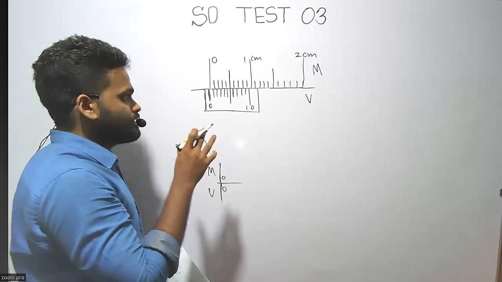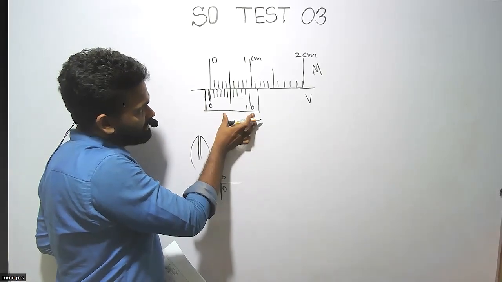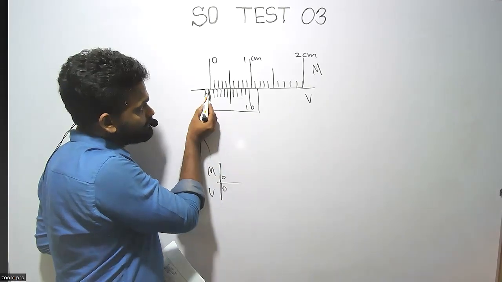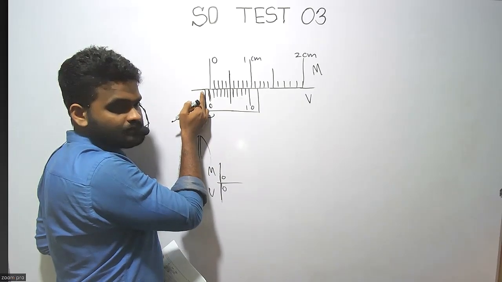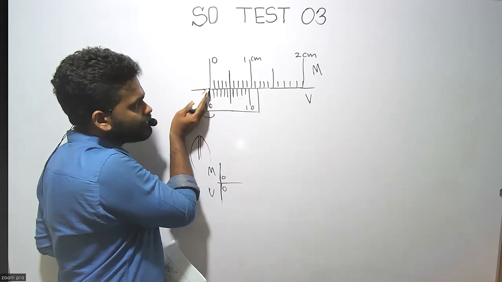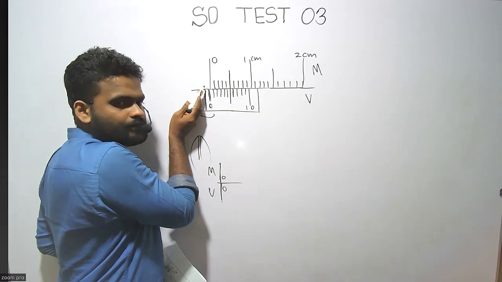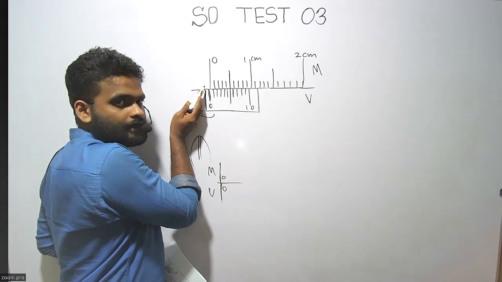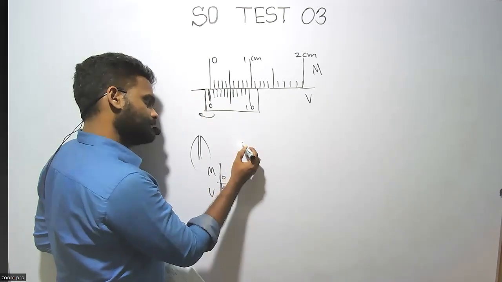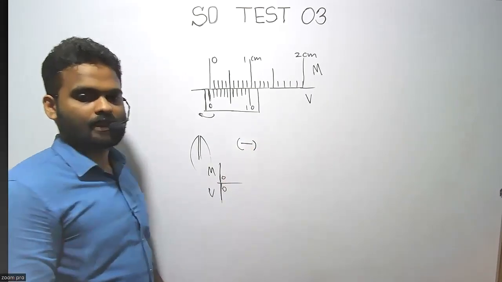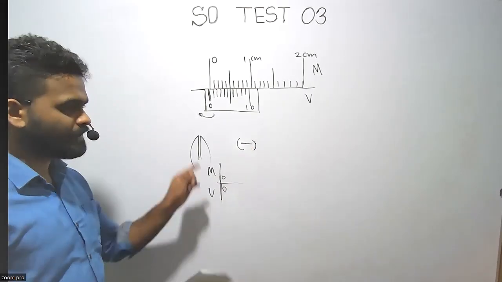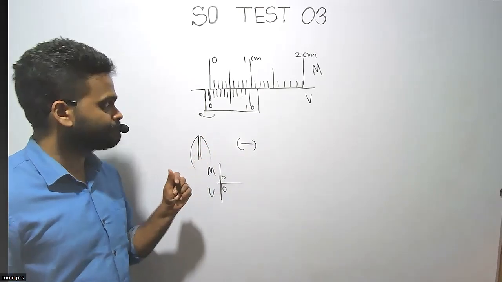So as you can see, the vernier scale has shifted. This 0 mark is shifted to this side. You can think like it is shifted to the negative side of the main scale. So the 0 error is negative, right? It makes it easier to think like that.